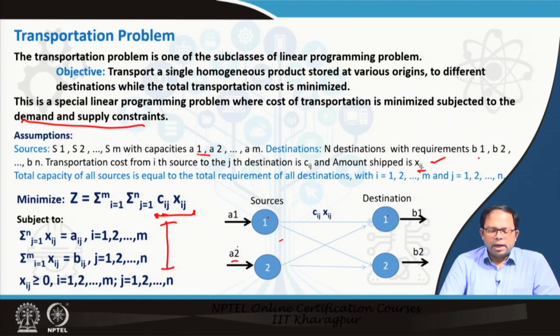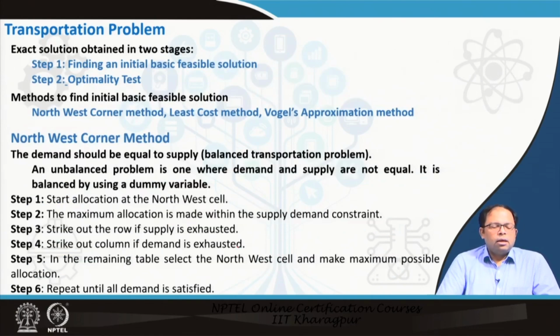So to do that, this transportation problem could be solved in two stages. The first step is to find an initial basic feasible solution, and then step 2 is to modify this solution using an optimality test to find the final optimum solution.